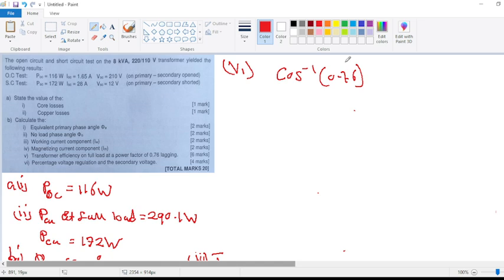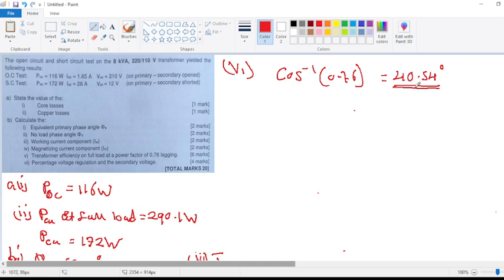On the calculator, shift cos of 0.76 gives an angle of 40.54 degrees. This is the angle when the transformer was lagging with 0.76.